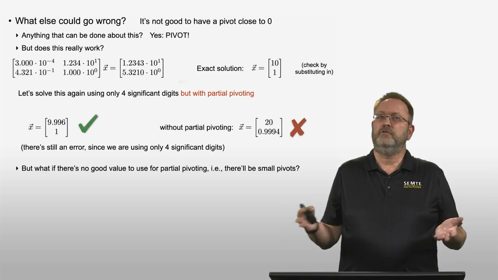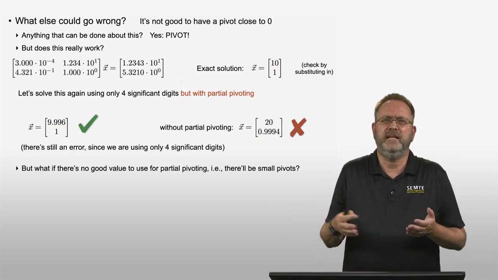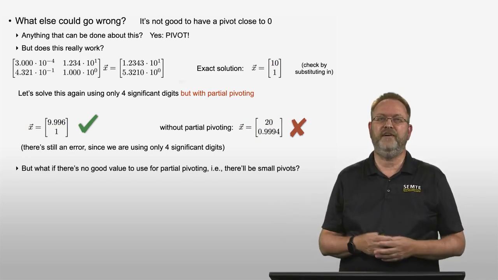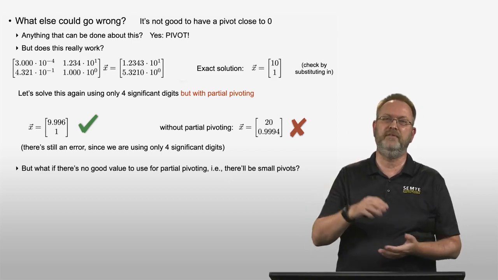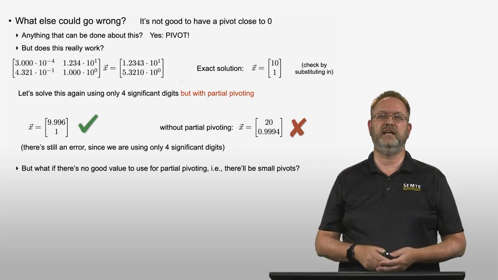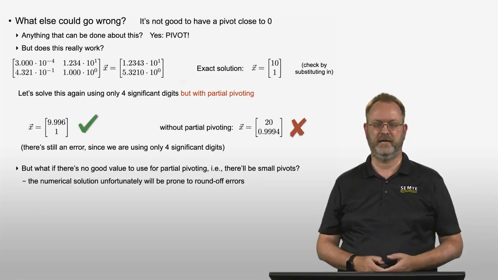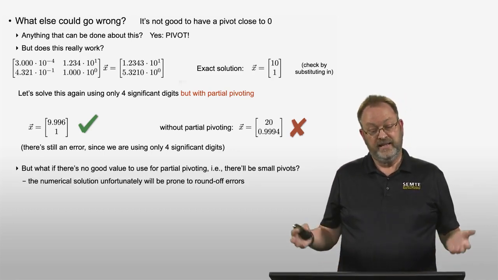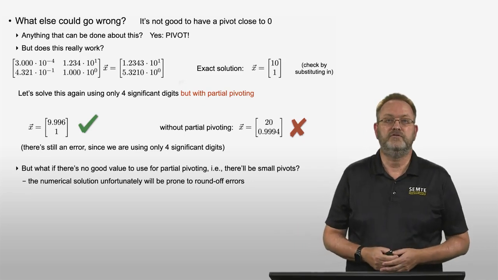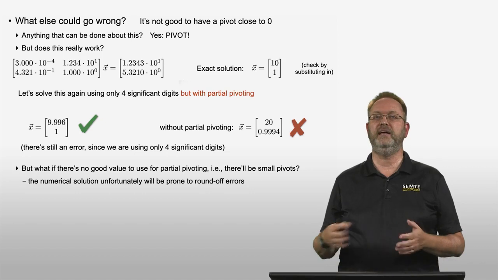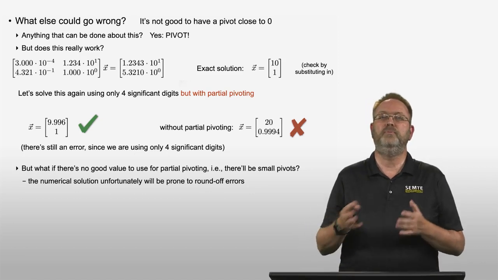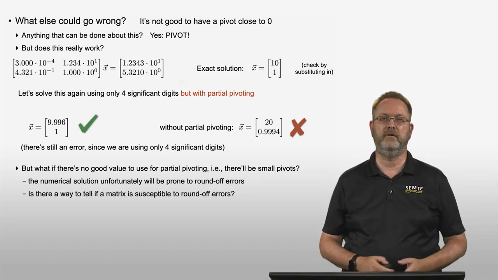Now, let's go to the worst case possible. What if there is no good value to use for partial pivoting, meaning there are only small pivots in the pivot column below our current row K? Well, then unfortunately, our numerical solution is prone to round-off errors, meaning any round-off error will pollute our final numerical answer.